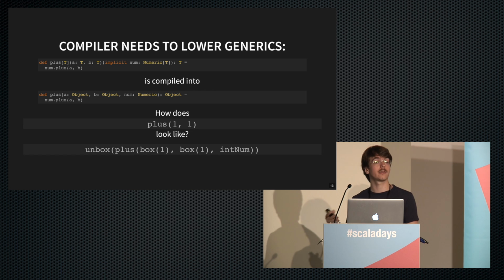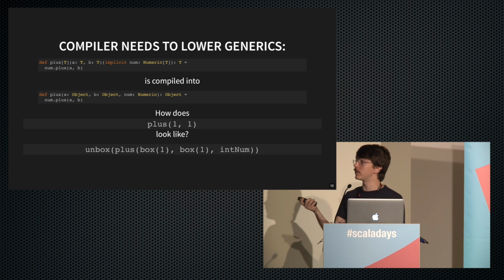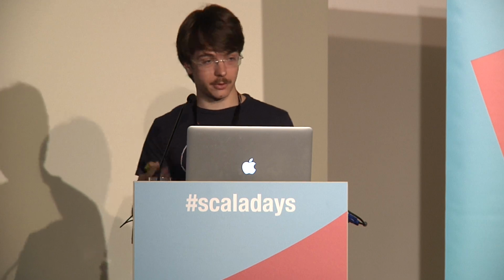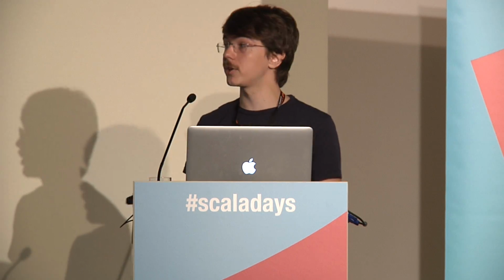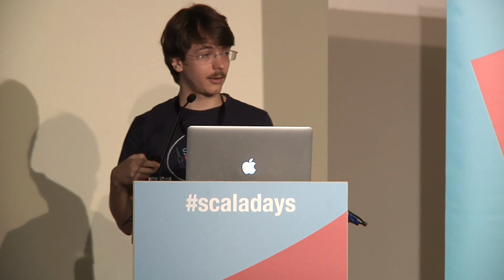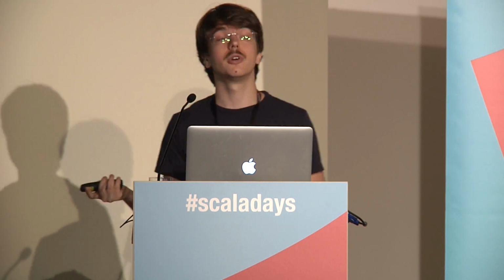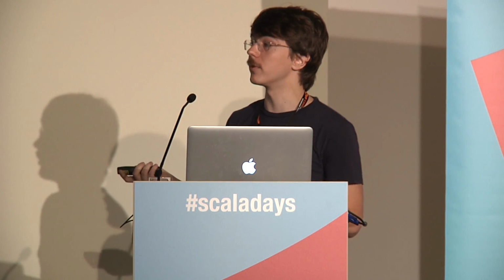When the compiler compiles it, because it doesn't know anything about the T's here, the T can be integer, the T can be double, the T can be float, the T can be complex. It needs to go to the most conservative type possible, and the only common type here is object. This is an example of boxing, which is the slowest thing that I showed you in the performance comparison.